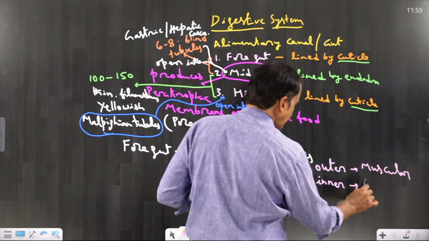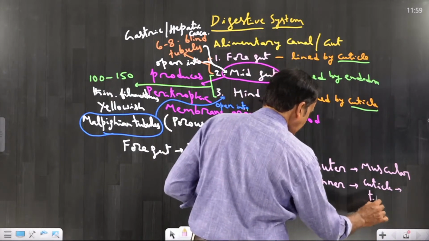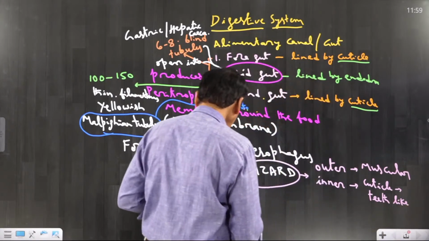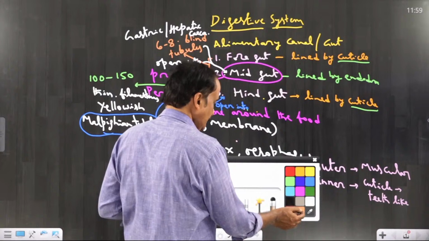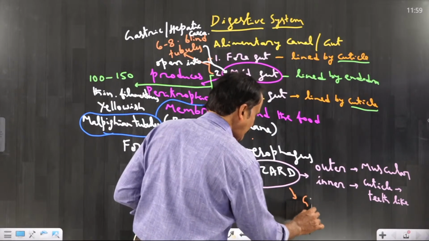Inner layer is the cuticle. This cuticle is projected into teeth like structures which will be helping in grinding the food material. So, gizzard acts as a grinding mill.